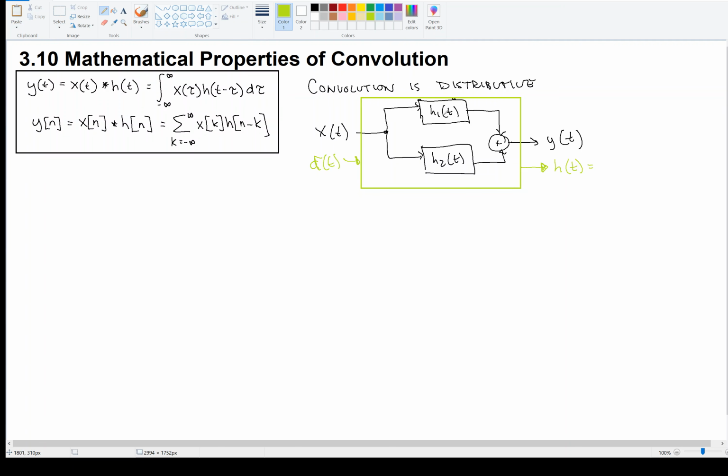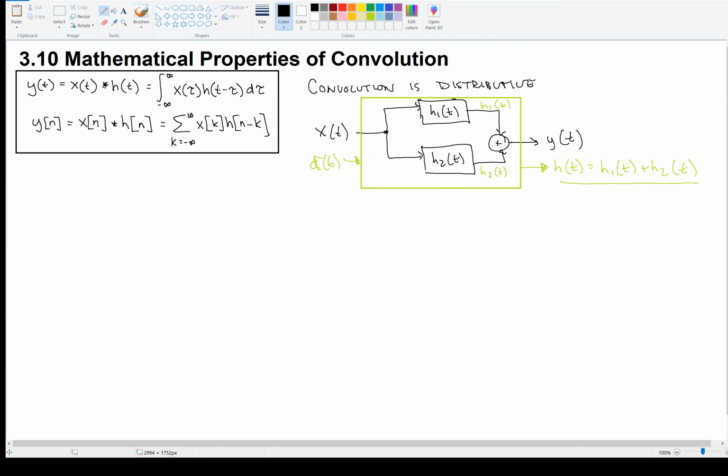So what do I get out? Well, I get out the impulse response, of course. And what do I get out down here? Its impulse response. Then those two are added together, so what I get out is the summation of those two things. So this is the impulse response of the whole thing.